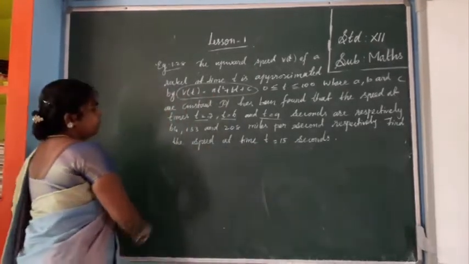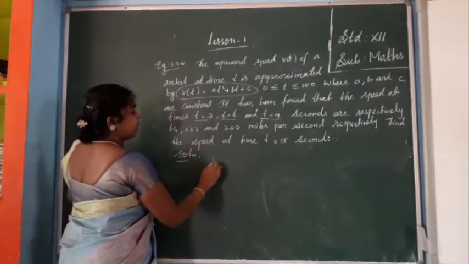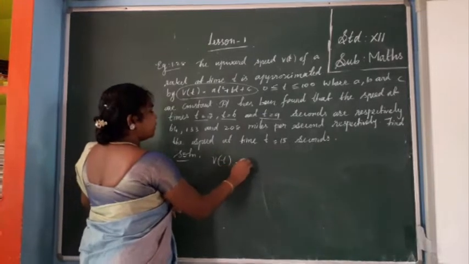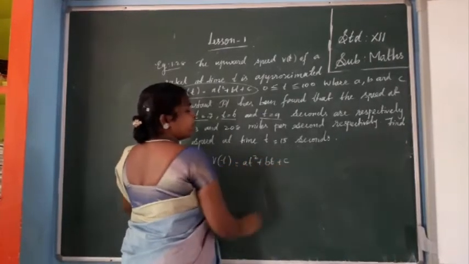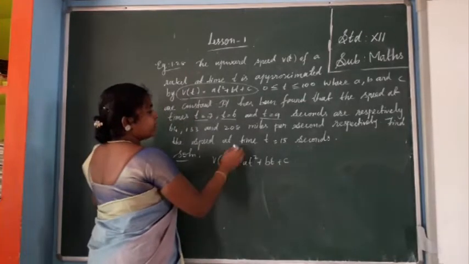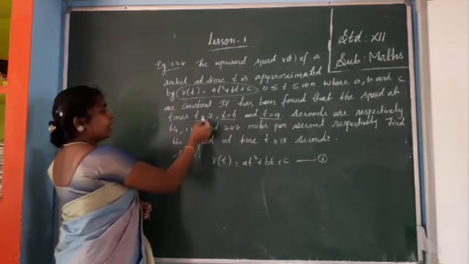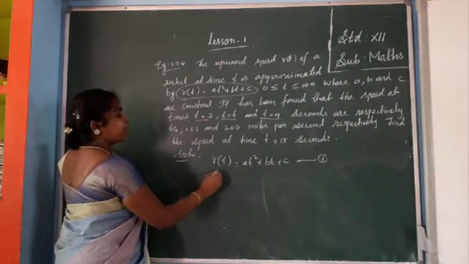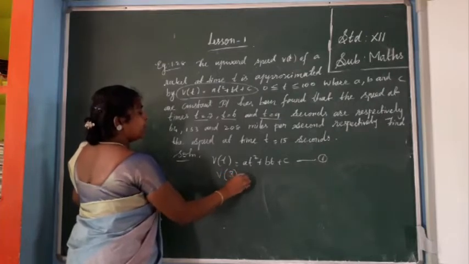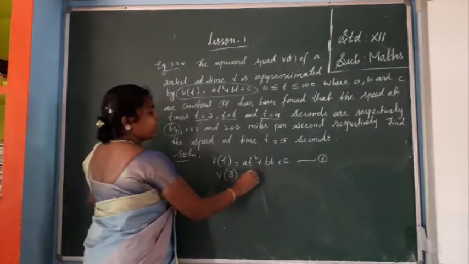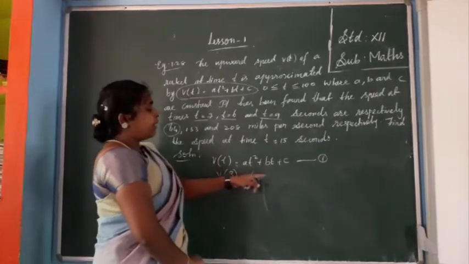Okay. So first, v of t equal to a t square plus b t plus c. Okay, this is v of t. This is equation 1. Next, when t equal to 3, that means v of 3 equal to the first value, 64.